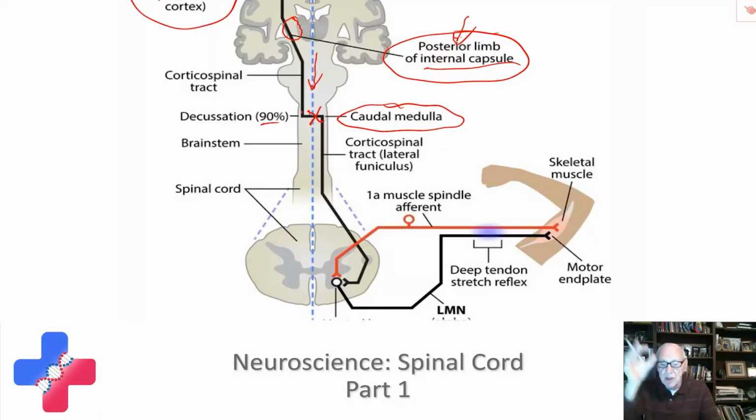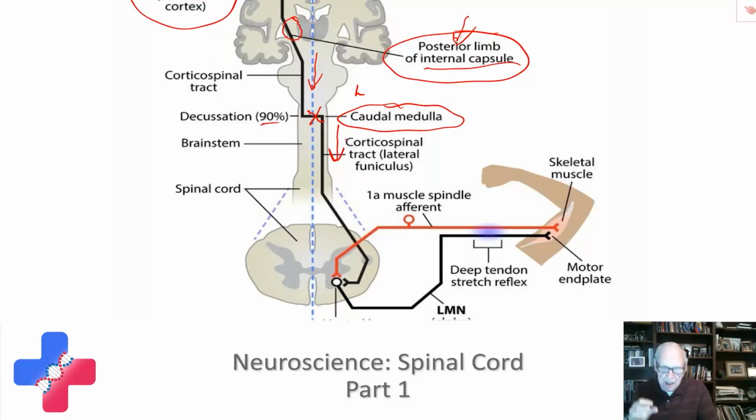Now, this descending corticospinal system is made up of approximately 1 million axons. So there are 1 million fibers squeezing through that capsule and down through the brainstem, and roughly 90% of them will cross over here to the left side. Notice they continue down the left side of the spinal cord.